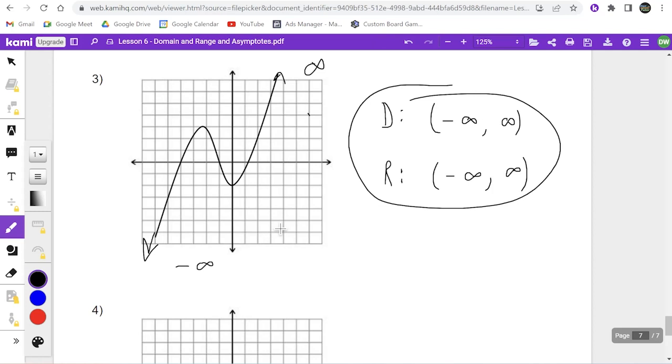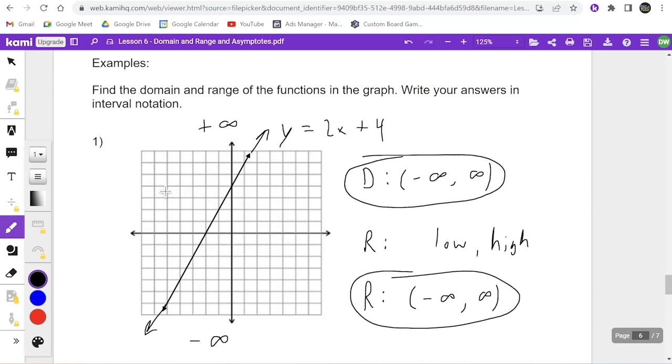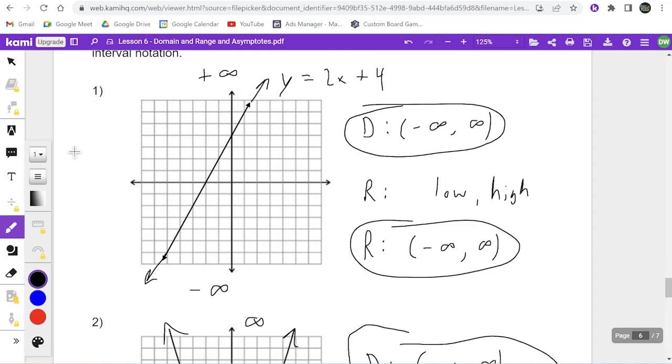And actually, one more thing I want to say about all of the functions we've looked at so far is that, let me just go back to the first one. This first one is called linear. It's in the y equals mx plus b family. That's linear. Linear, we say, is an odd function, or at least has an odd exponent, because x is to the first power, odd number.